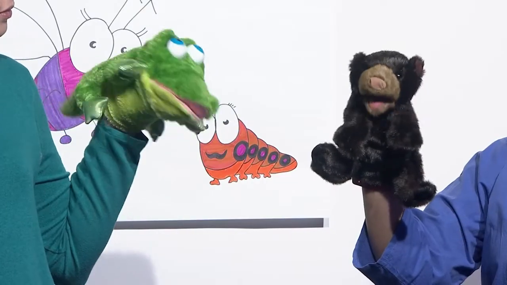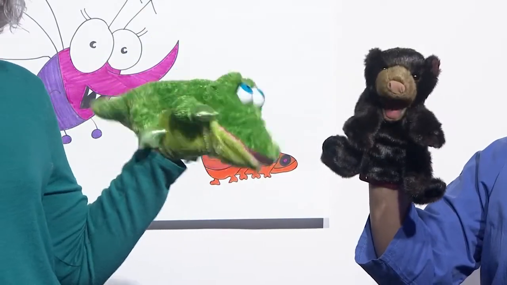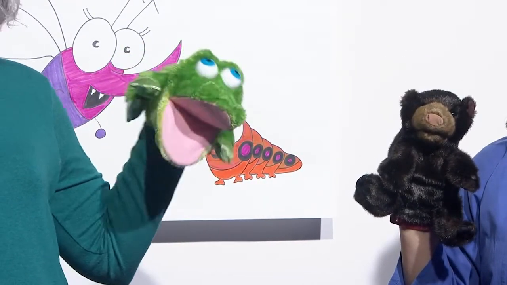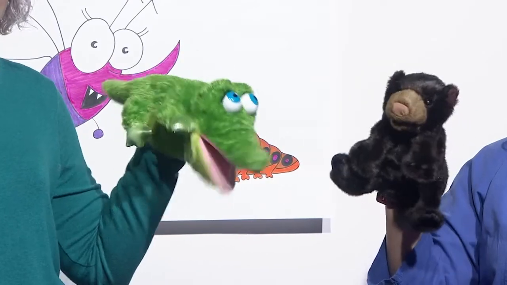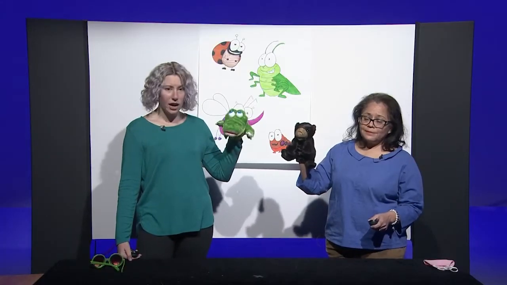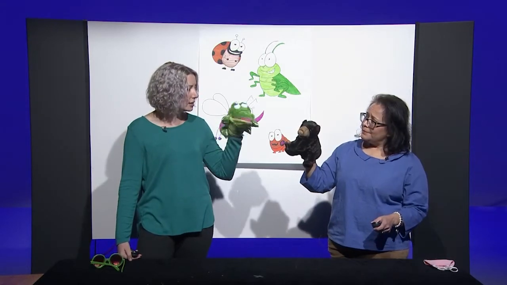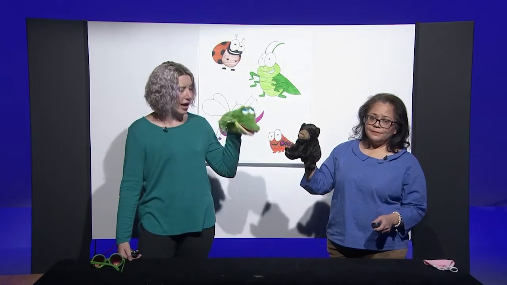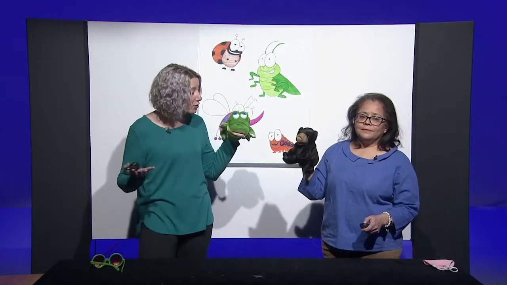Yes, I live in the woods. My habitat is in the woods. And I live in a swamp. My habitat is a swamp. And the boys and girls at home live in houses or apartments or trailers. Those are their habitats. You've got it.